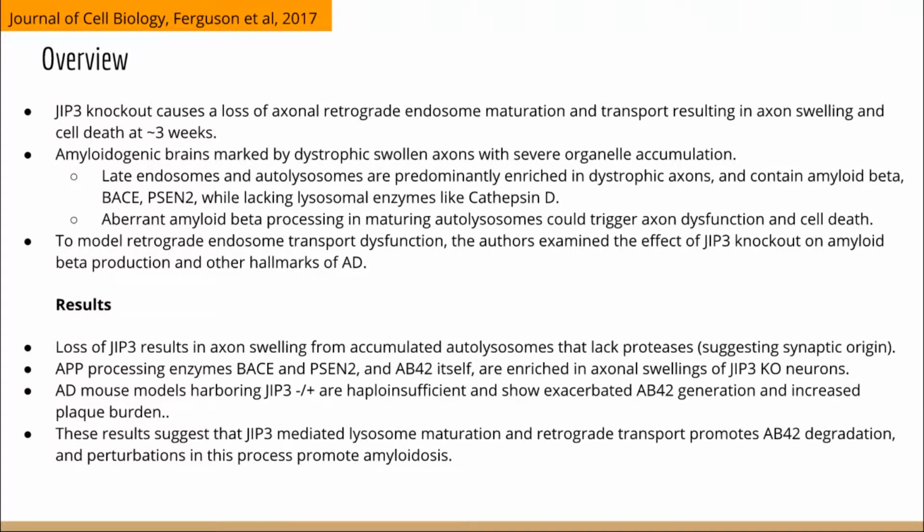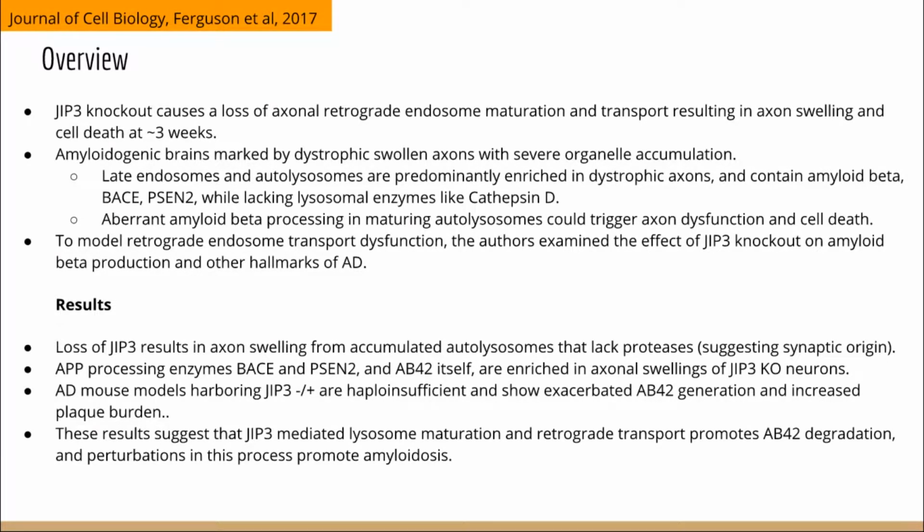We also know that a hallmark of amyloidogenic brains, so brains that produce the pathological 42 amino acid amyloid beta fragment, are these swollen dystrophic axons with severe organelle accumulation. And I believe the impetus for this study was at least partially motivated by recognizing that both JIP3 knockouts and improper APP processing both produce this similar phenotype of swollen axons.